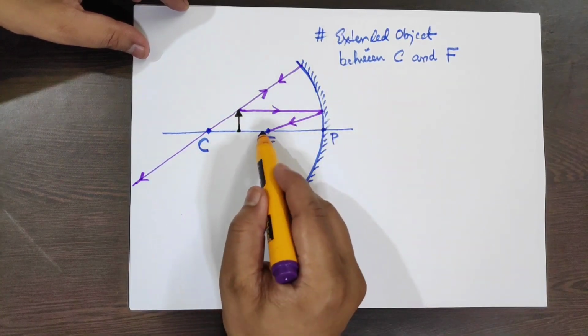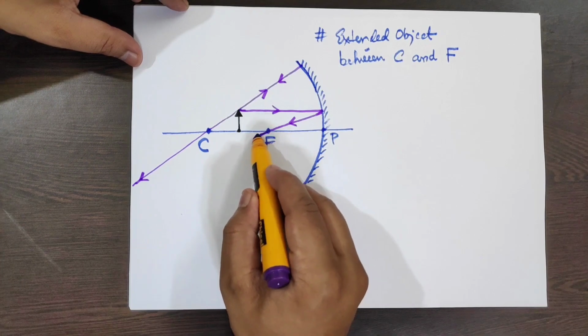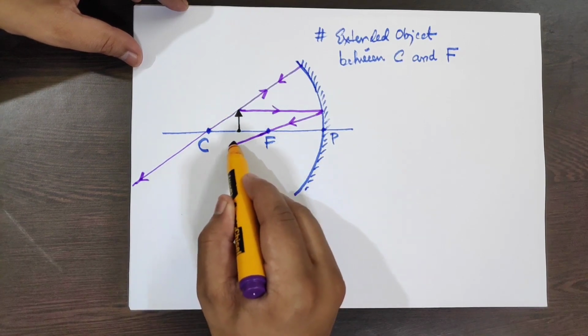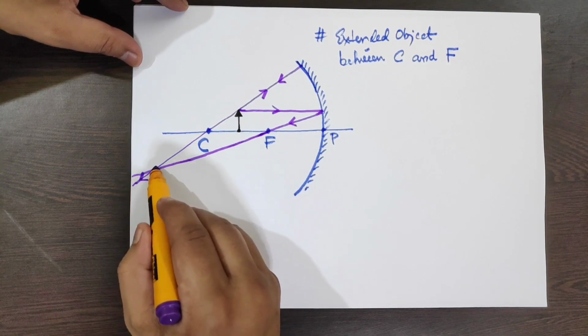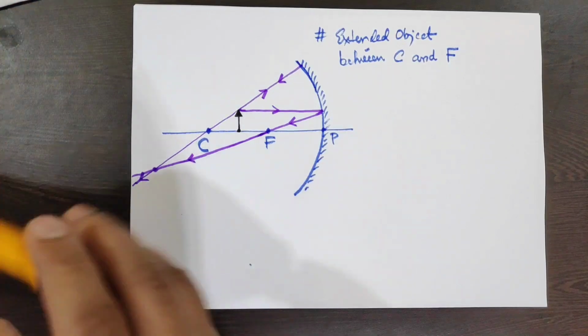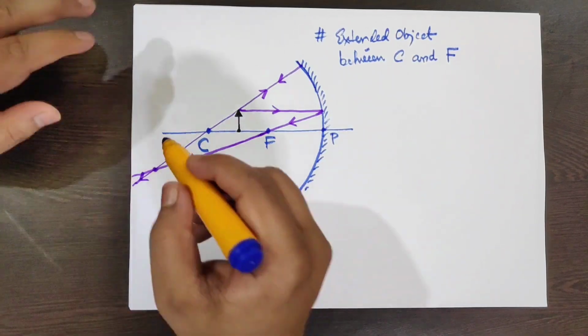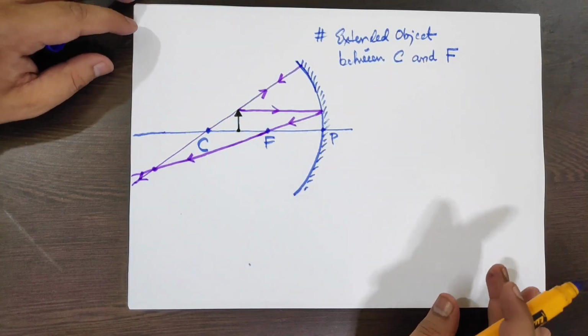Parallel to the principal axis, as we have defined focus, so obviously it will pass through the focus. And let us extend this principal axis. So there it is.